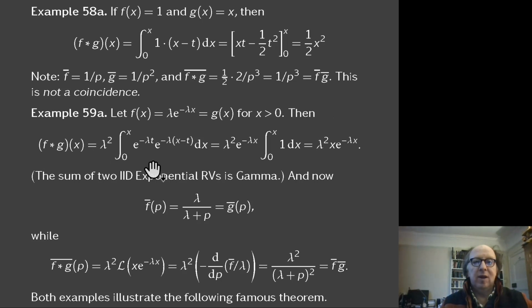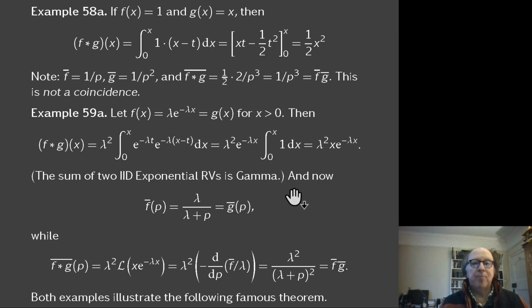Then their convolution is, you get two factors of lambda up front, lambda squared. f(t) is lambda e to the minus lambda t, g(x minus t) is lambda e to the minus lambda (x minus t), and lambda squared e to the minus lambda x comes out as a factor, and you're left with the integral of 1, which gives lambda squared x e to the minus lambda x. And what this tells us in probability terms is that the sum of two IID exponential random variables is a gamma.